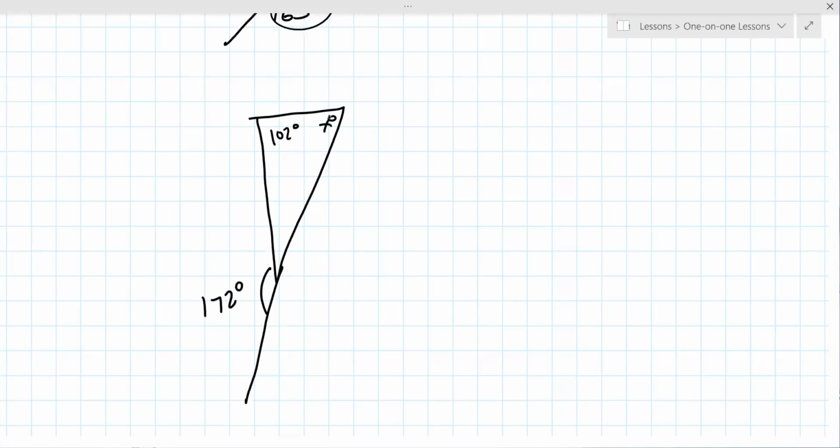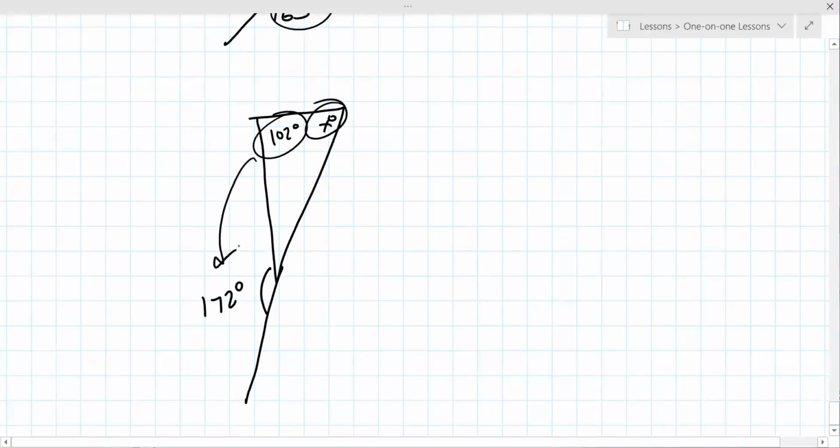Okay, so that's 8 degrees. Wait, you're not supposed to find that one. I agree it's 8 degrees, but you're supposed to realize that this plus this equals that. Oh, okay. So x is 70 degrees. 70 degrees, good.